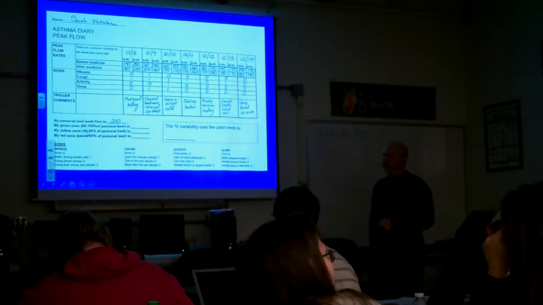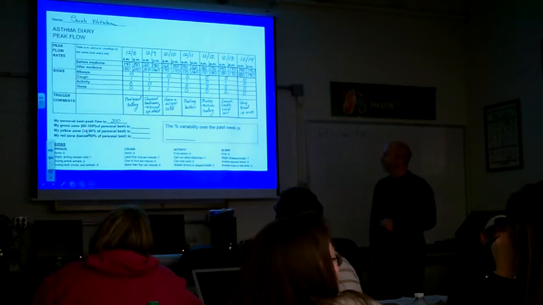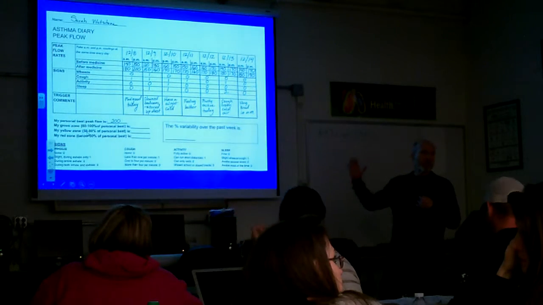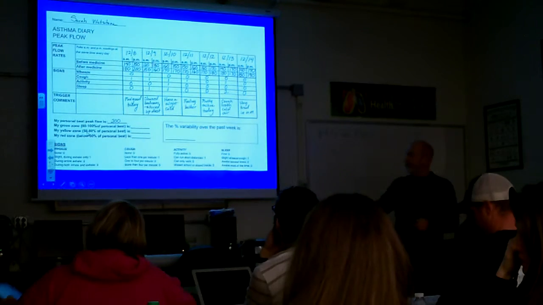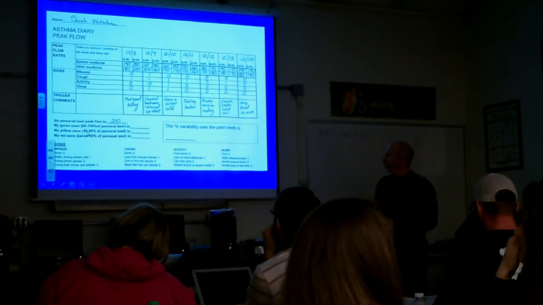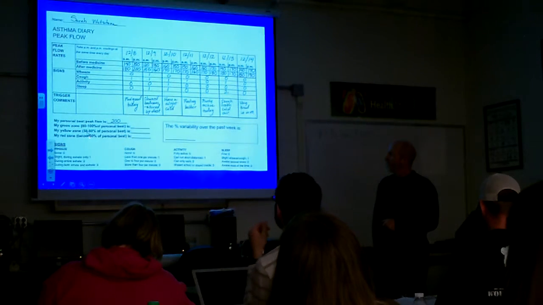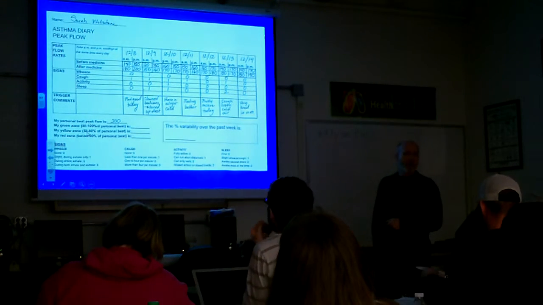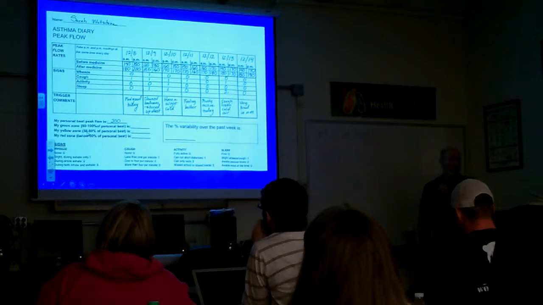This should be 60% here. So when you're calculating out your zones, this is an older thing, and asthma guidelines change like things do. This should be 60 to 80% of the personal best is yellow. Less than 60 is the red zone. I fixed this before and I forgot to do it when I put it on this presentation.